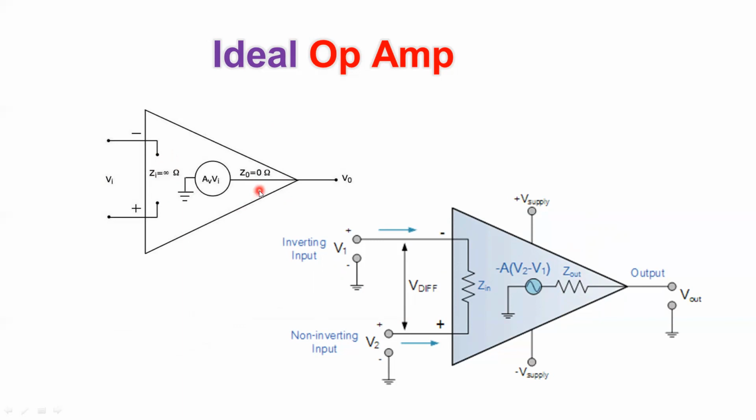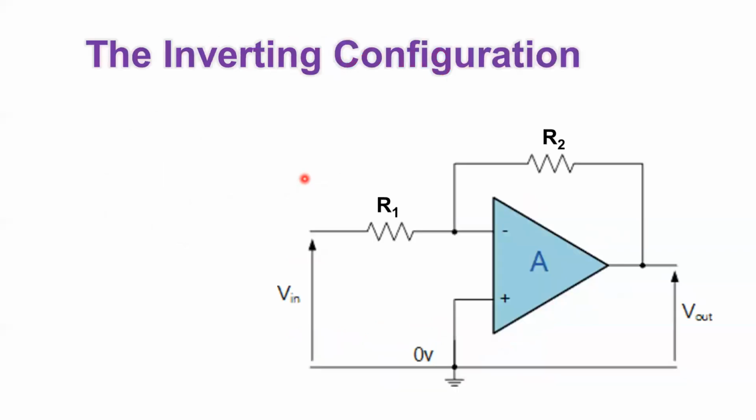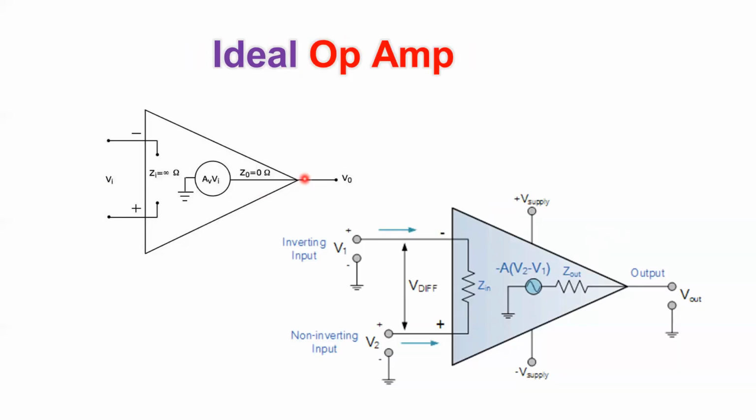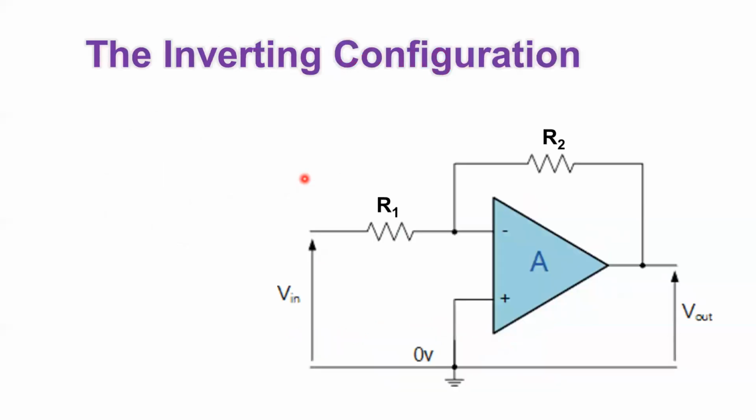So one feature of the ideal operational amplifier is that you have an infinite input resistance and a 0 output resistance. Is that all? The answer simply is no. We still have another important assumption that we will study after a few seconds. Before going to this assumption, let's do the first exercise with this operational amplifier.